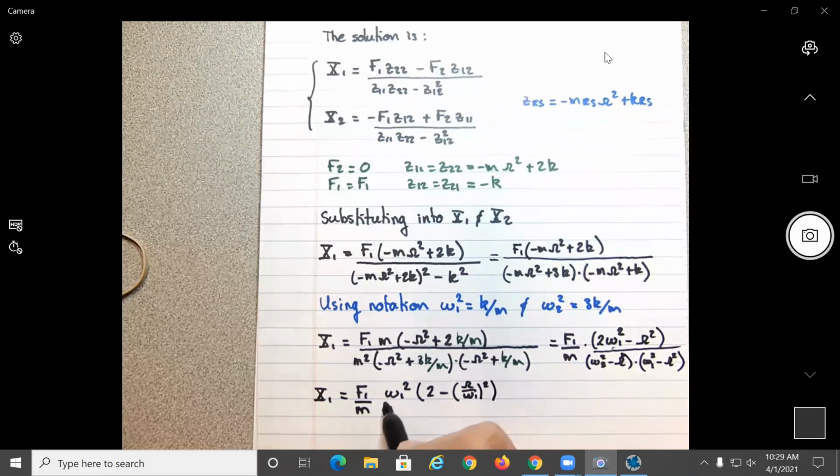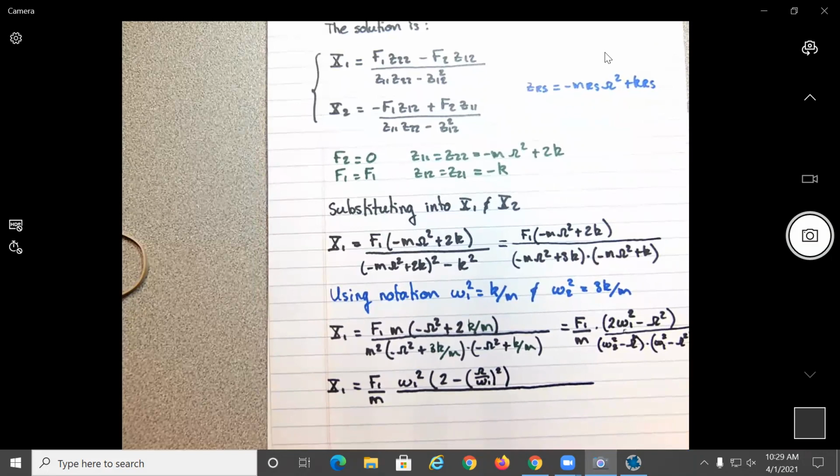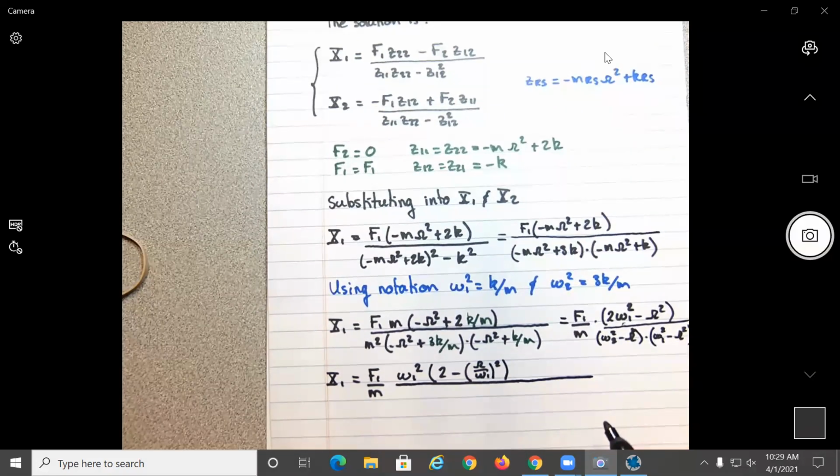Okay? And now the lower part is probably going to be much longer. We're going to factor as well by omega 1 square.